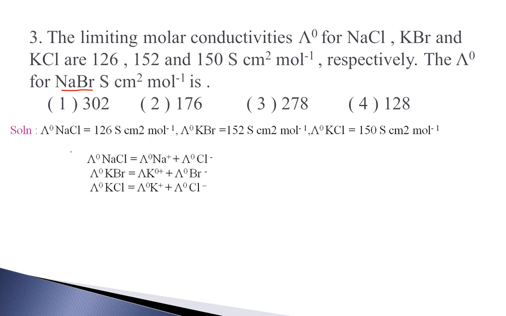Here lambda naught of NaCl is equal to lambda naught of Na plus ion plus lambda naught of Cl minus ion, because this looks like an ionization reaction. NaCl undergoes ionization and becomes Na plus ion and Cl minus ion.